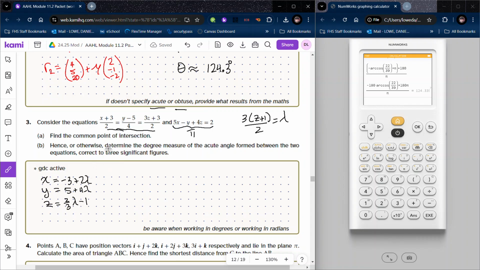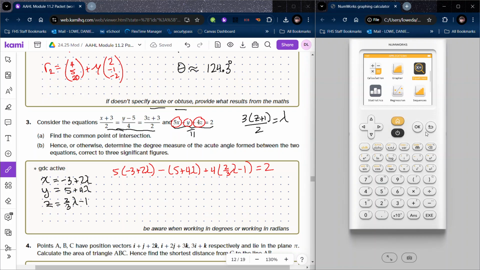To find that point of intersection, the x, y, and z must work within my plane so that the line and the plane are at the same point. And so I can say 5 times -3 plus 2 lambda minus 5 plus 4 lambda plus 4 times 2/3 lambda minus 1 has to equal 2.